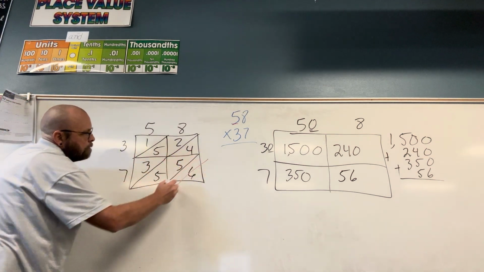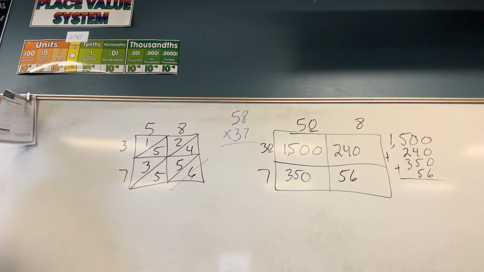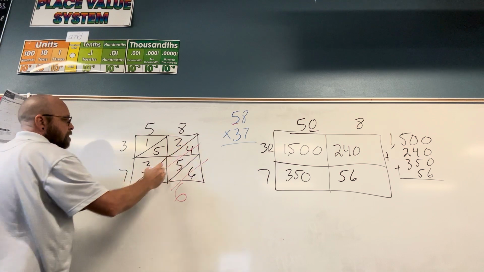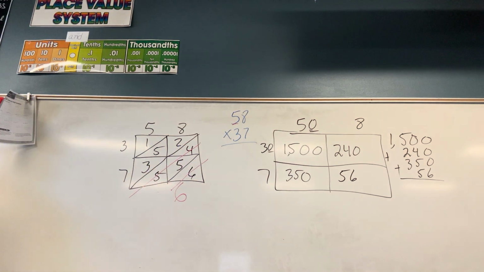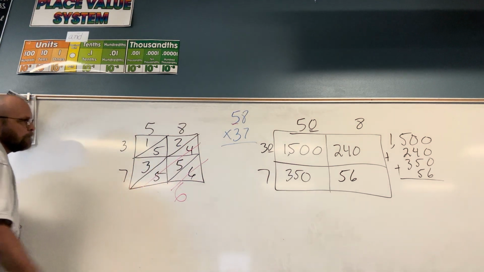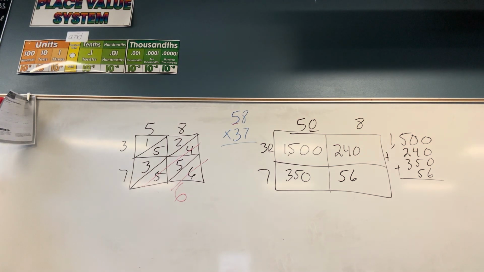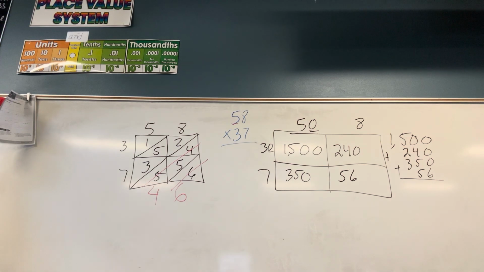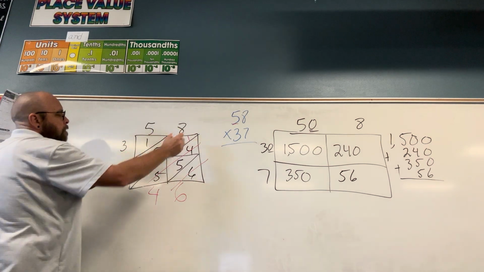This one, what's 6 plus nothing else? 6. This one we have 5, 5, and 4, which is, what's 5 plus 5? What's 4? 14. Remember, we can add in any order, and we have to carry the 1 up here.